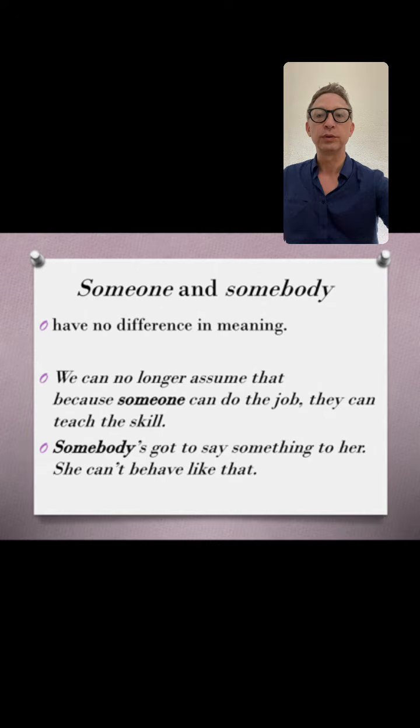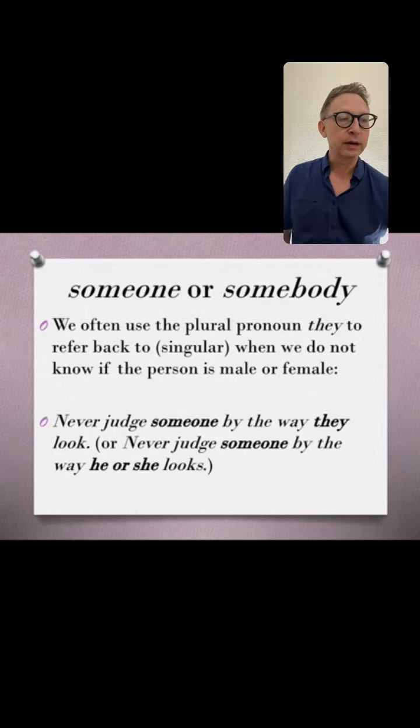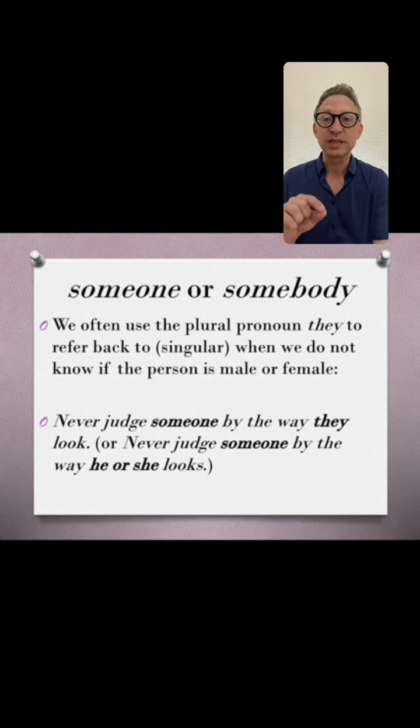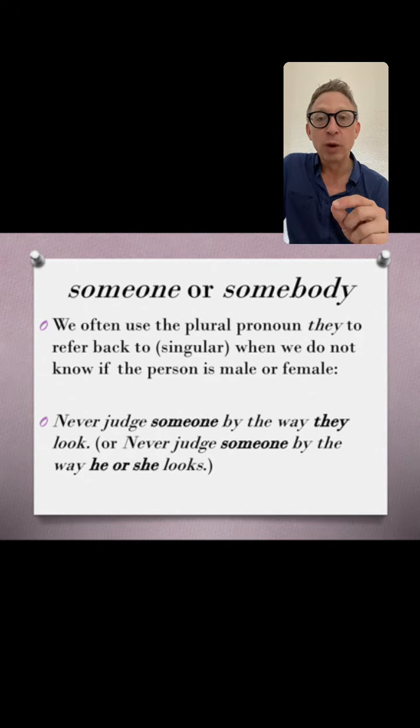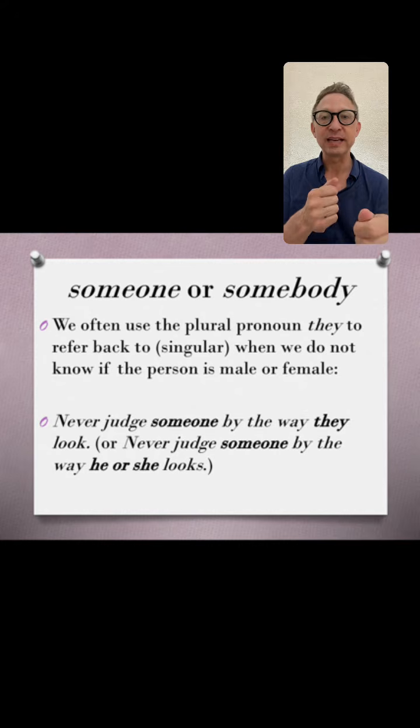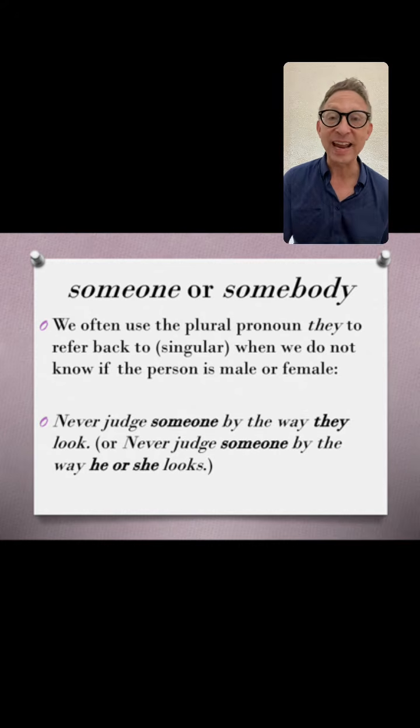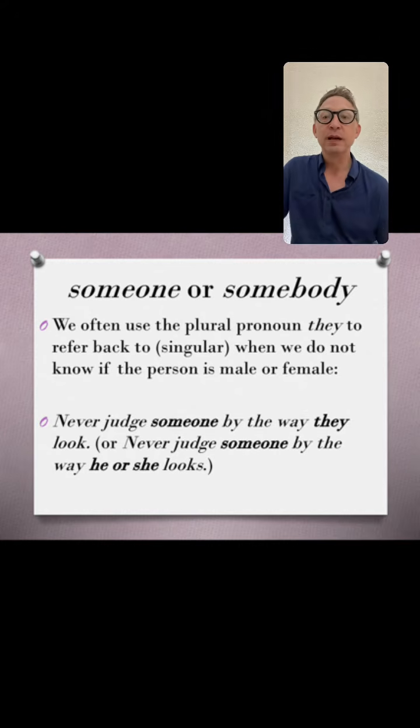Let's move to another example. Here, I want to just draw your attention to something that's very confusing for a lot of English learners. Are you ready? Someone or somebody is singular. So somebody plays or somebody is playing the trumpet. But look at this.